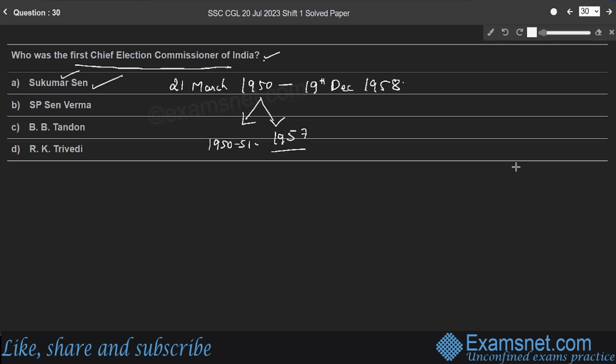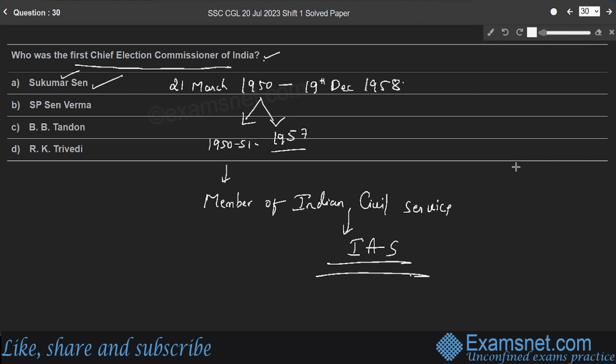The Chief Election Commissioner of India is usually a member of the Indian Civil Service, mostly from the Indian Administrative Service, IAS.